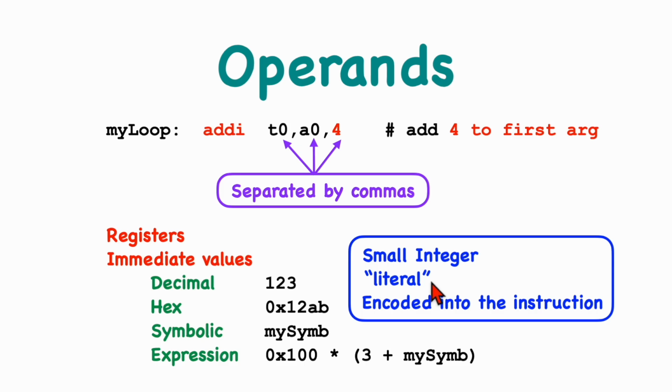Sometimes we call it a literal value. And this value will be encoded directly into some fields in the instruction. Okay, so the immediate value can be represented in assembly code in either decimal, as we see here, or in hexadecimal notation, or it could possibly be a symbol that's defined somewhere else, or it could be a rather complex expression involving all of the above.